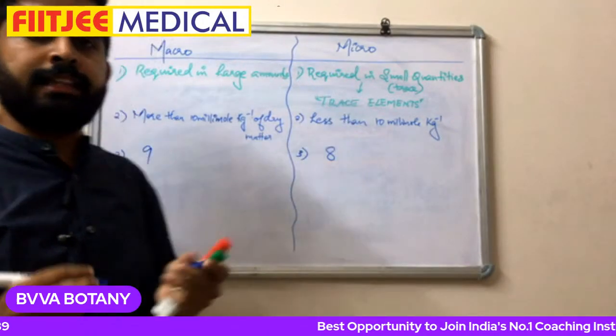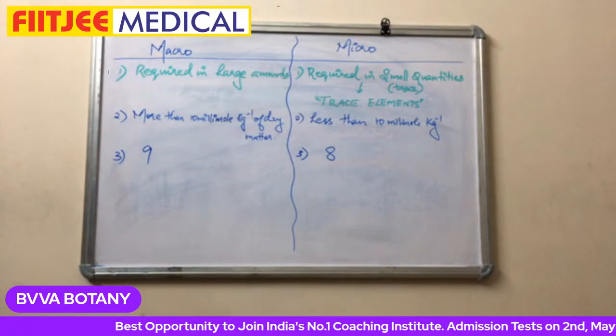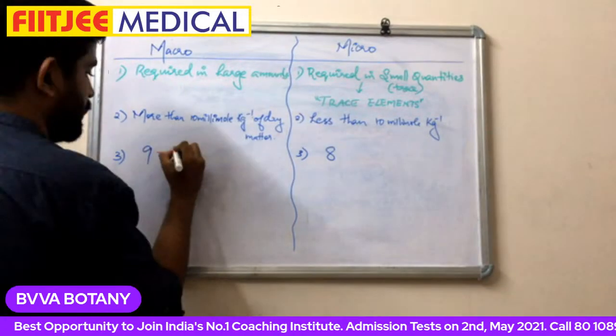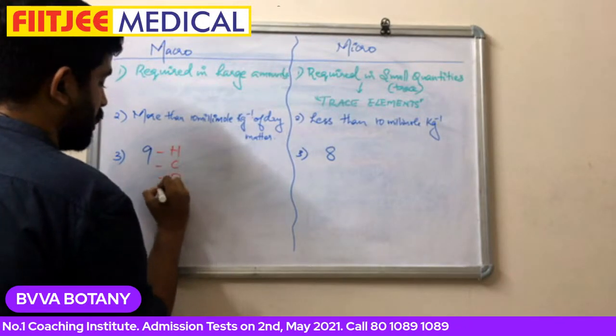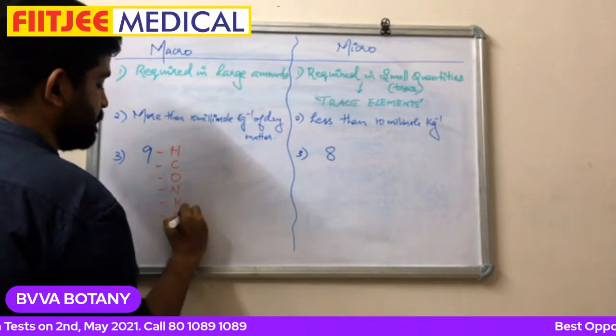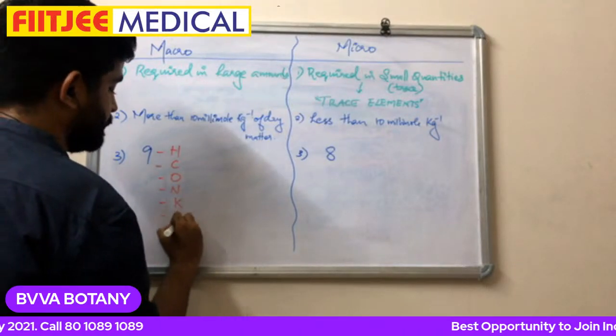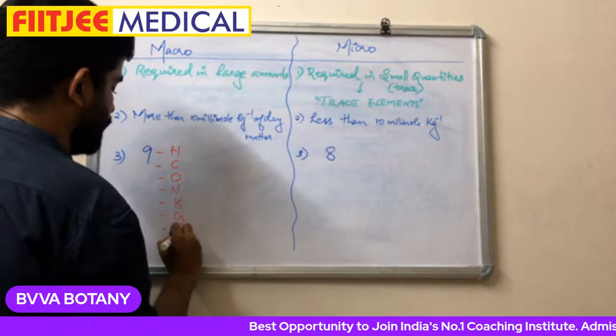And we will write down these examples. That is very important. Just write down one by one. Hydrogen, carbon, oxygen, nitrogen, potassium, calcium, magnesium, phosphorus, sulfur.